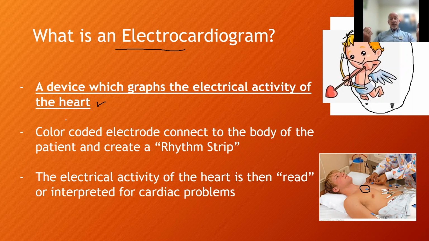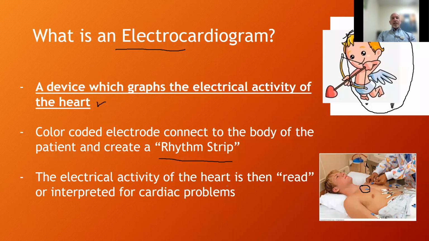The electricity, as you know, from the top of your heart goes to your SA node, goes through your atrium, goes to the AV node, goes through your ventricles and causes your heart to contract. Well, these 12 leads are measuring the path of that electricity, and it creates what's called a rhythm strip, and we'll take a look at that.